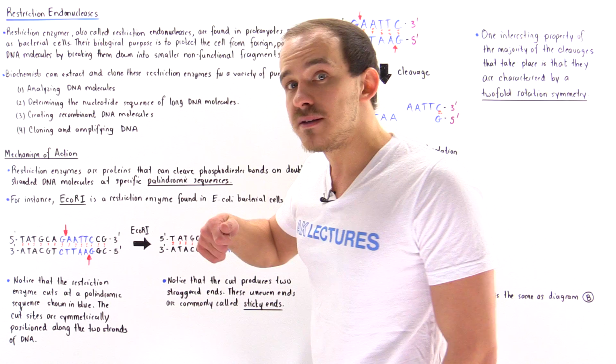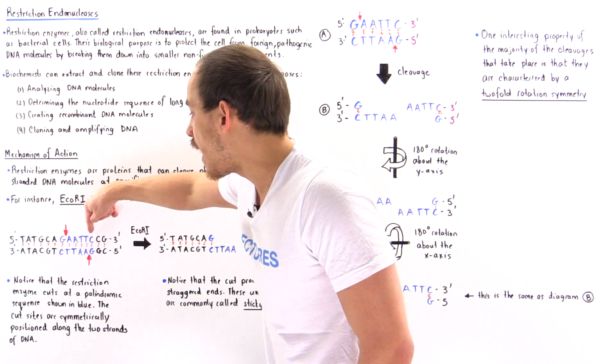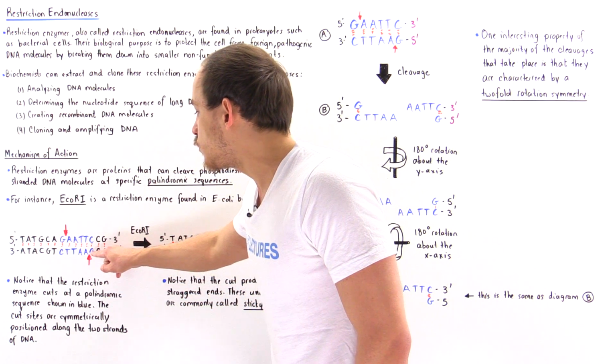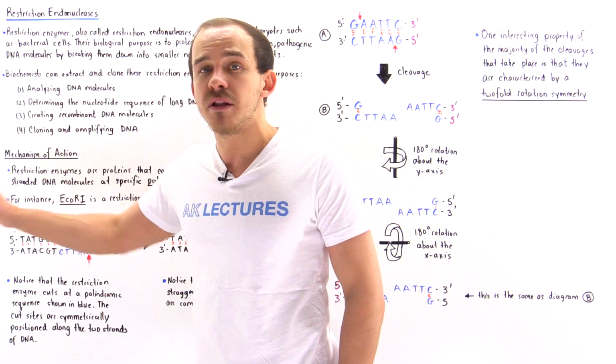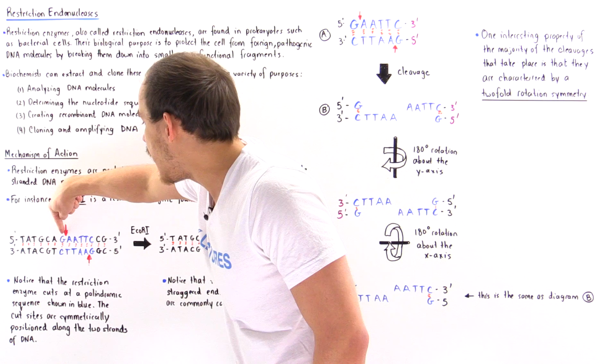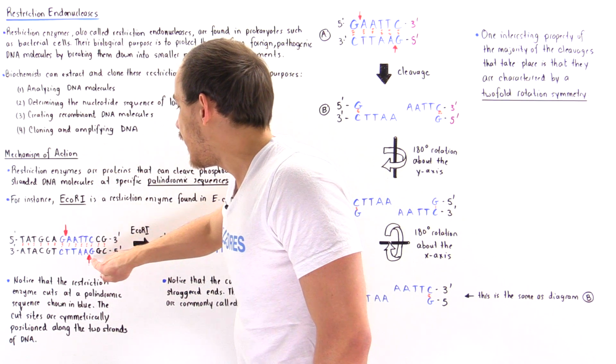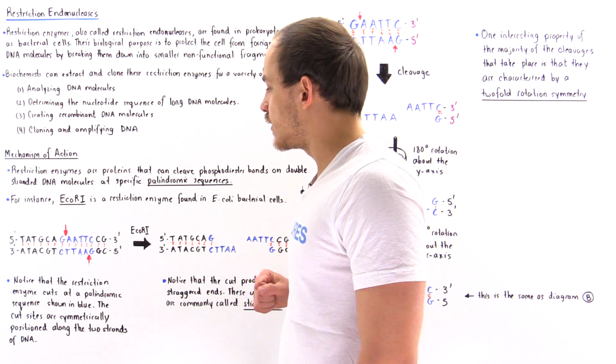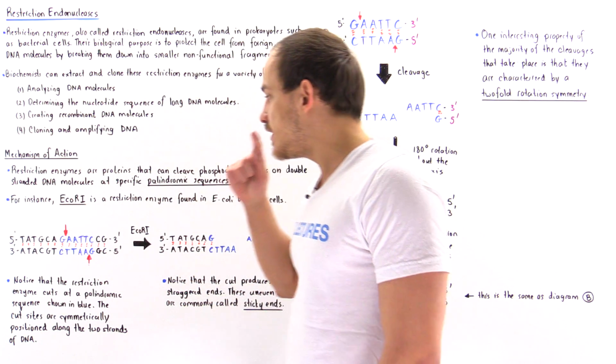So palindromic simply means if we read it this way, it will be the same as if we read it this way along the complementary strand. So we go from 5 to 3 on this strand and from 5 to 3 on this strand, and so it reads the same exact sequence.